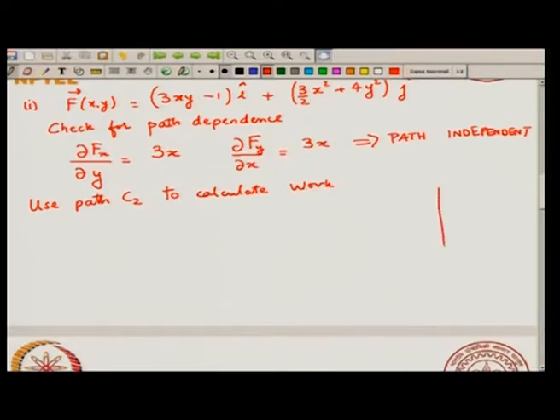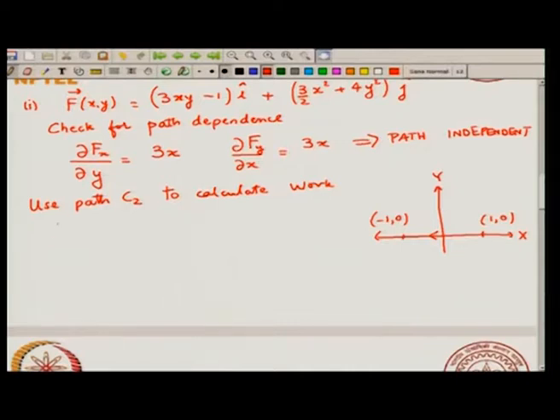So once again, let us remind ourselves, you have x and y, and this point (1, 0), and this point here (-1, 0), and the path C2 goes along the x axis this way.